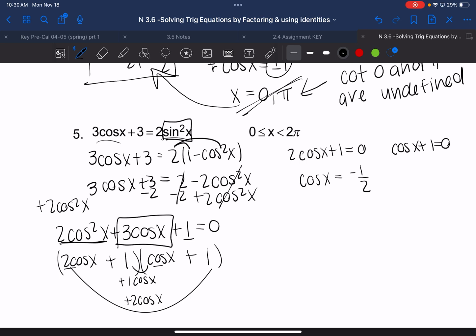So what finger do I bend so there's only one to the left? So that would be pi over 3. But it is a negative 1/2, right? So what quadrants is cosine negative in? Right. So I need something that's a multiple of pi thirds in those quadrants. What would that be? Very good.